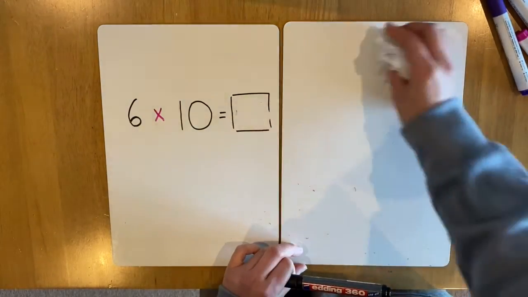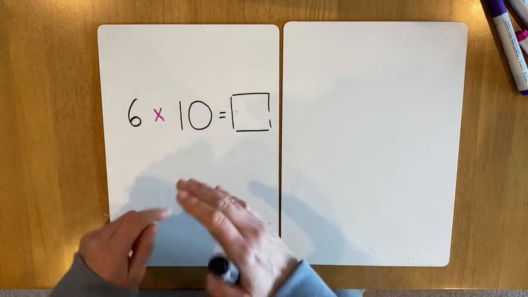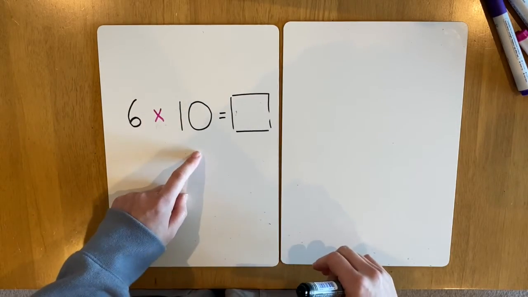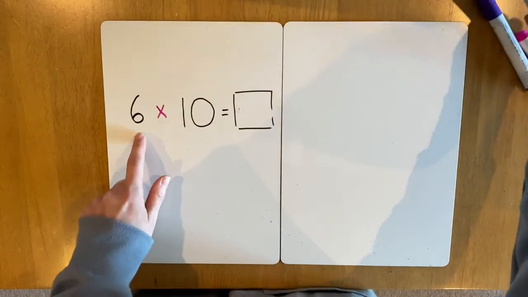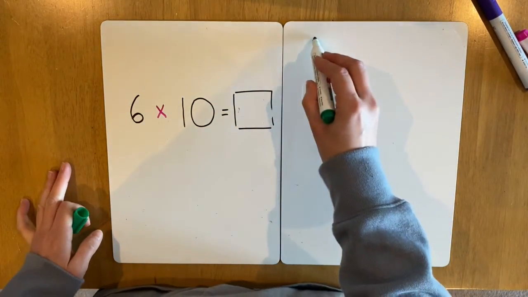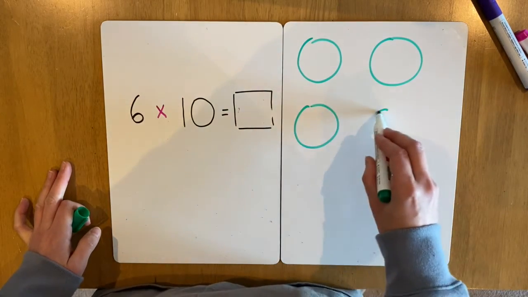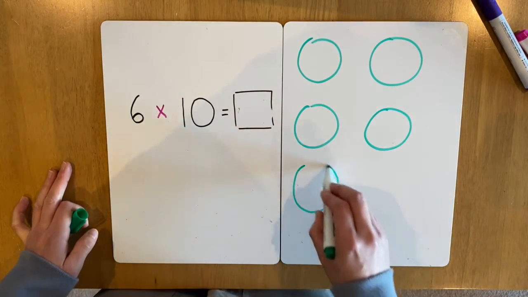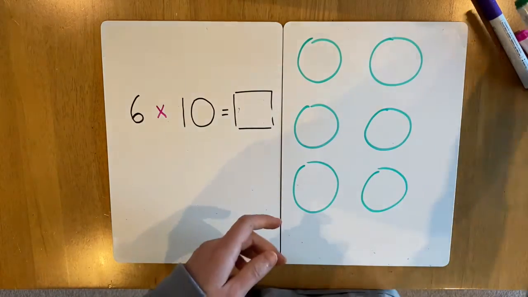How many groups do you think you need to draw? You need to draw 6 groups. 1, 2, 3, 4, 5, 6. So 6 groups of 10.